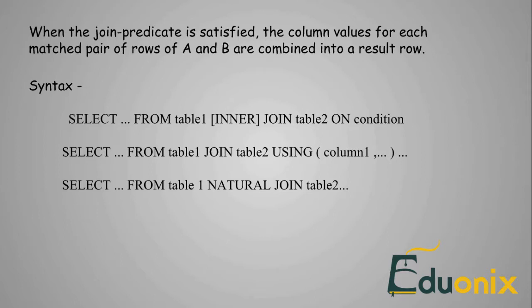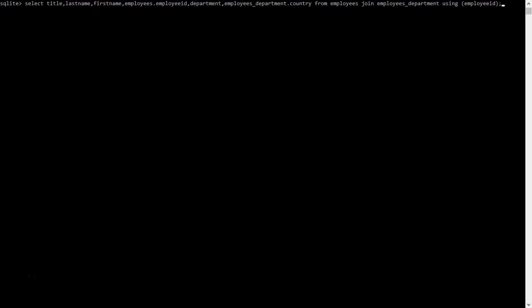So let us look at the practical aspect of this in the command prompt. To perform the natural join or inner join on these two tables, again employees and employee department, let's look at how the syntax has been generated. Select title, last name, first name, employees.employee ID. We have also got employee department.country from employees, and then instead of writing natural join or inner join, we have only mentioned the word join.